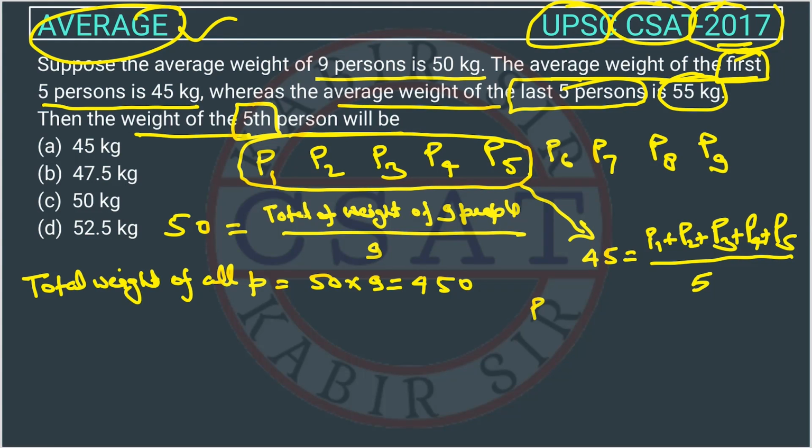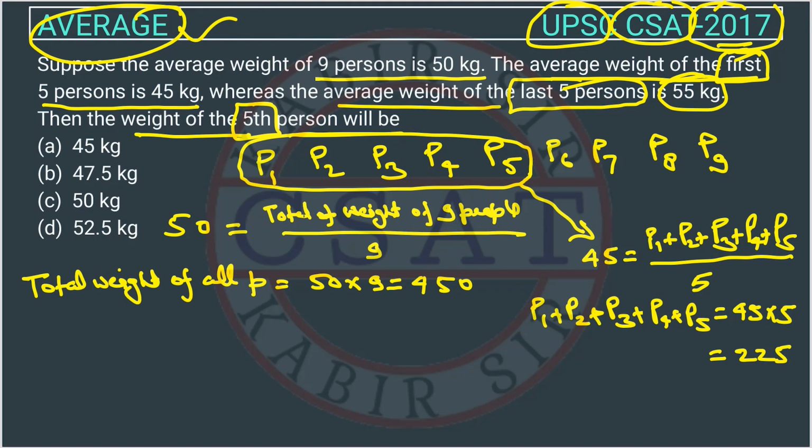So P1 plus P2 plus P3 plus P4 plus P5 will be equal to 45 into 5, which is equal to 225. See, I am telling you all the steps here so that every student can understand it. Otherwise, you can do it in a short way also. I will tell you how we will do it.